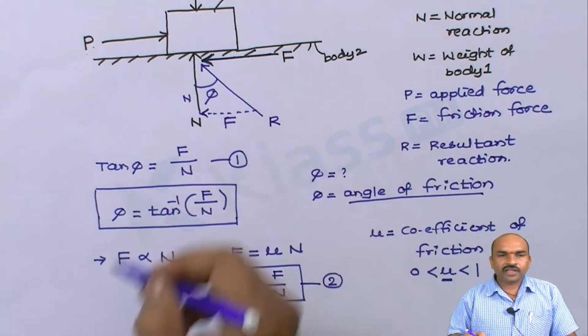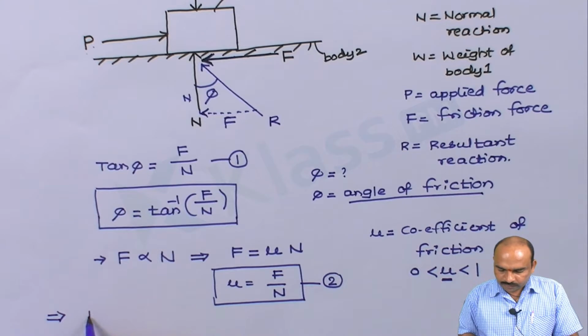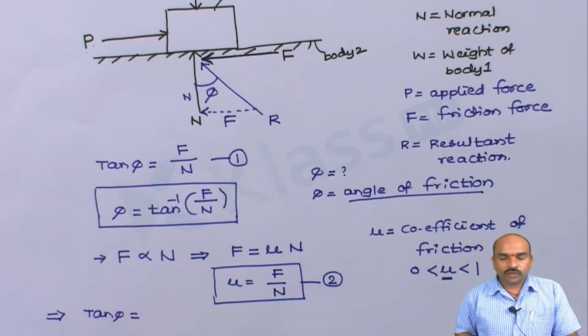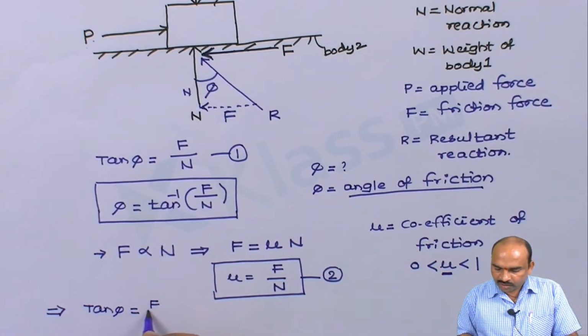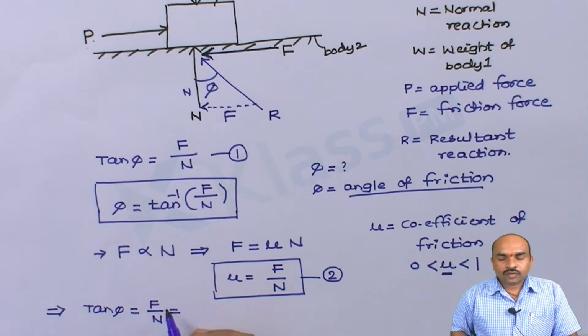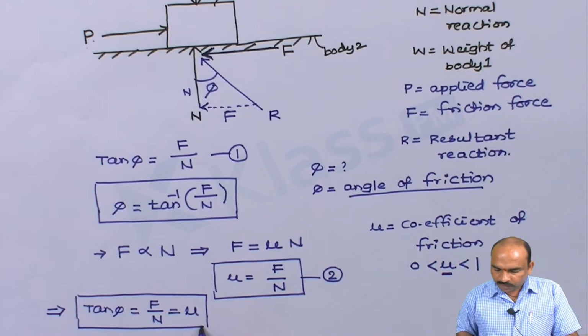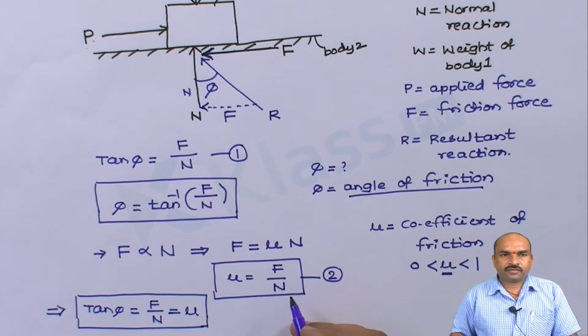If you equate these two, the final equation we get is tan phi equal to, from equation 1, F by N, and this is also equal to mu from equation 2. So we can use the formula depending upon the given data.